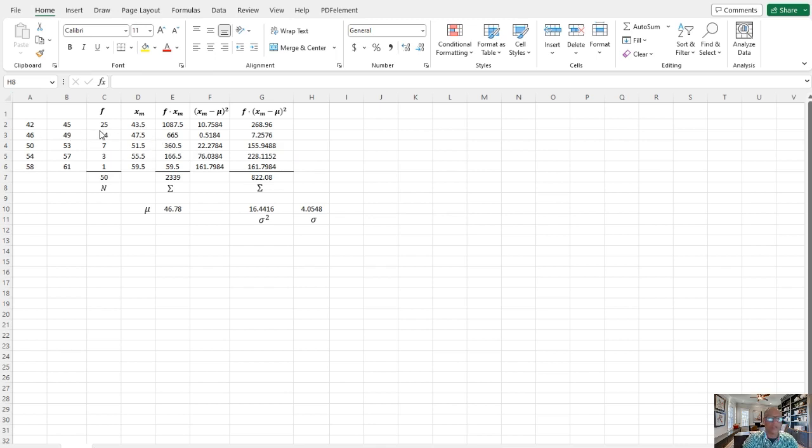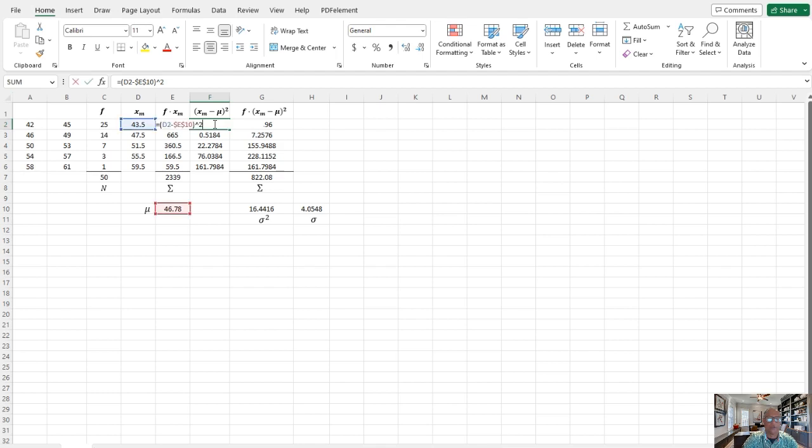We're going to assume that the 25 values in this class are all 43.5. And so to get the sum of all the square deviations for this class here, I just need to multiply the square deviation for this value by 25. So what is the squared deviation for this value here?